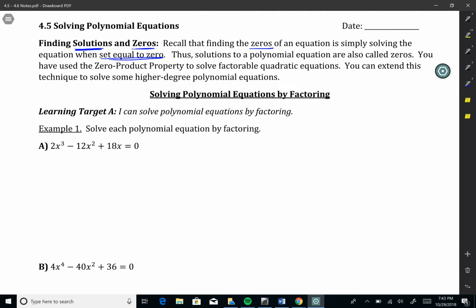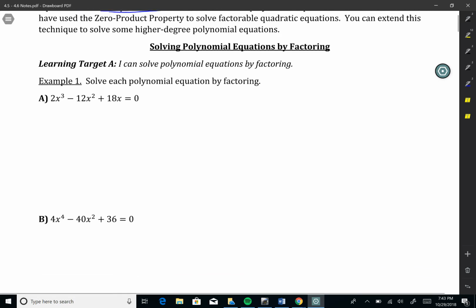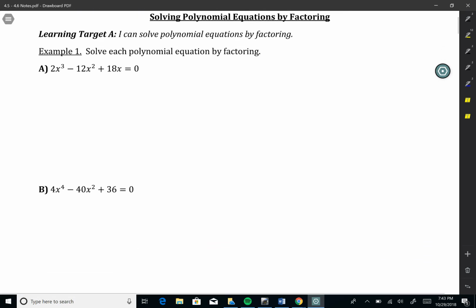Looking at example 1, part A, 2x cubed minus 12x squared plus 18x equals 0. Just like any factoring problem that wasn't solving, the first thing we look for is a GCF. Look at 2x cubed minus 12x squared plus 18x. I see all of those are even numbers and they each have an x, so I can take out a 2x.